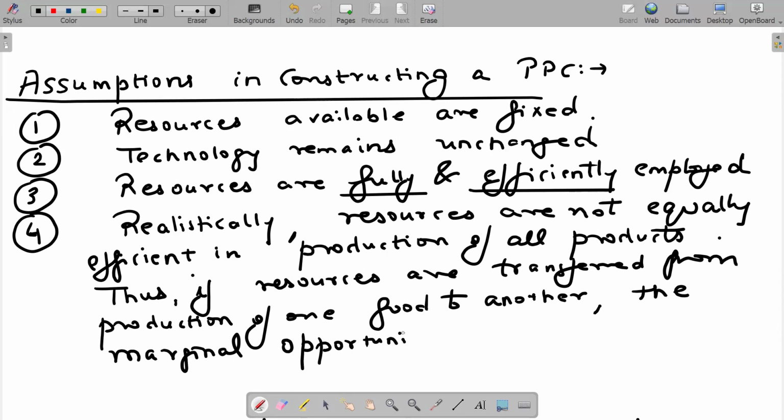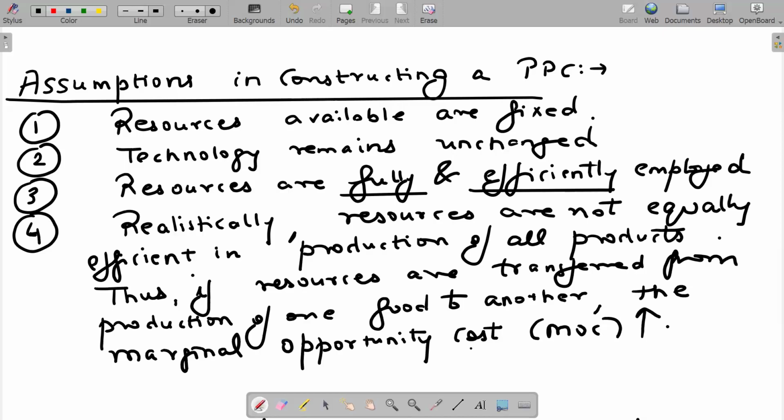We have talked about opportunity costs. Marginal opportunity cost is nothing but the slope of the production possibility frontier. Marginal opportunity cost will just capture how many units of one good need to be sacrificed to make one more unit of the other.